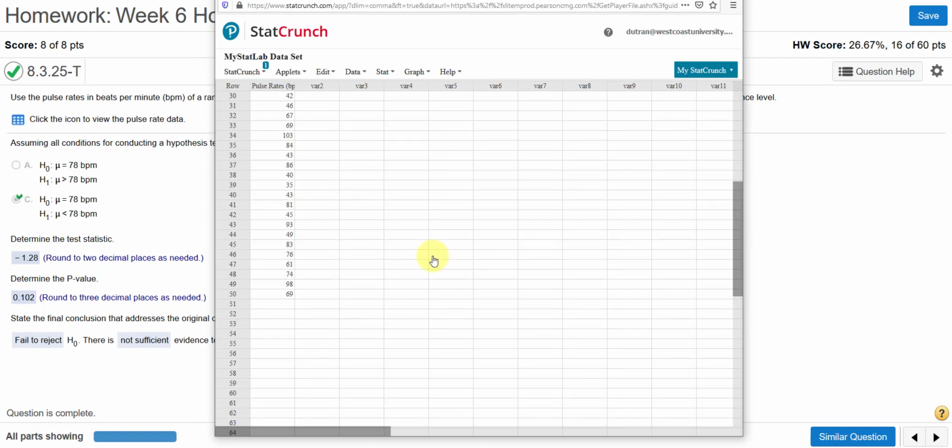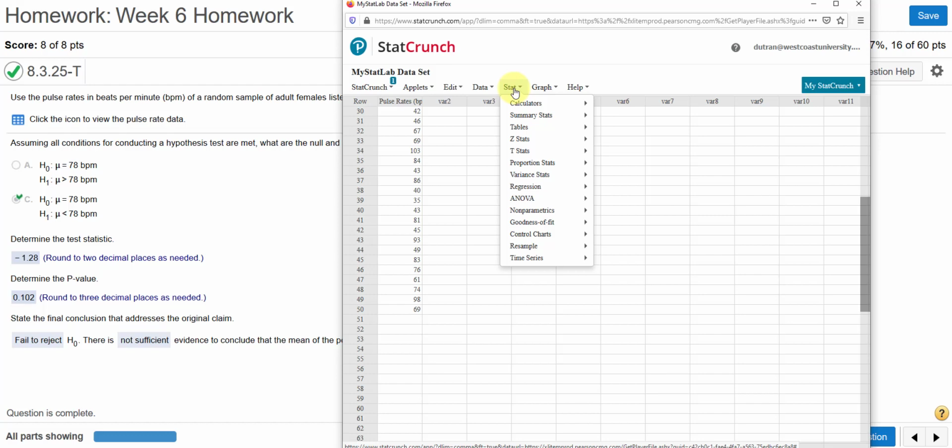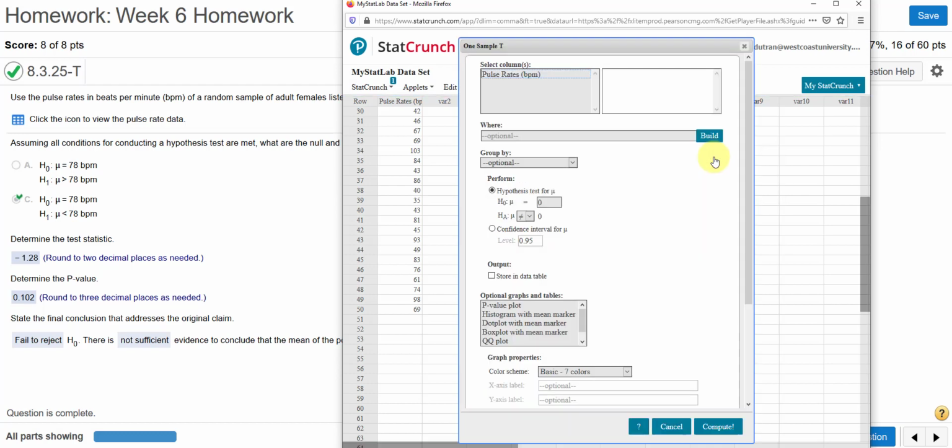Okay, so we were able to finish everything by hand, but now we can also use StatCrunch to help you find the p-value and the test statistic without any calculation by hand. So the first thing is we're going to open StatCrunch again, and go to Stat. In this case, we're using the student t distribution, so we look for T Stats. This is only one sample, so click on One Sample, and With Data.